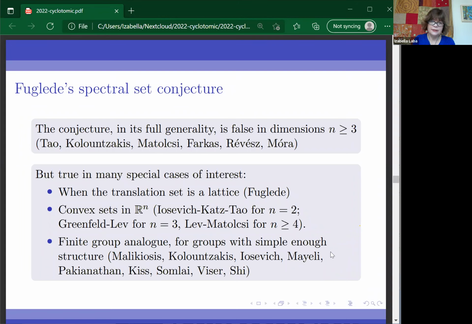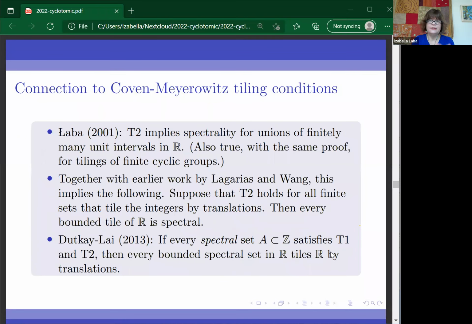But there is also a lot of work on proving the spectral implies tiling direction for various relatively simple groups. Okay, so the connection to the tiling conditions that I talked about earlier is that first of all, T2 implies spectrality in various settings.